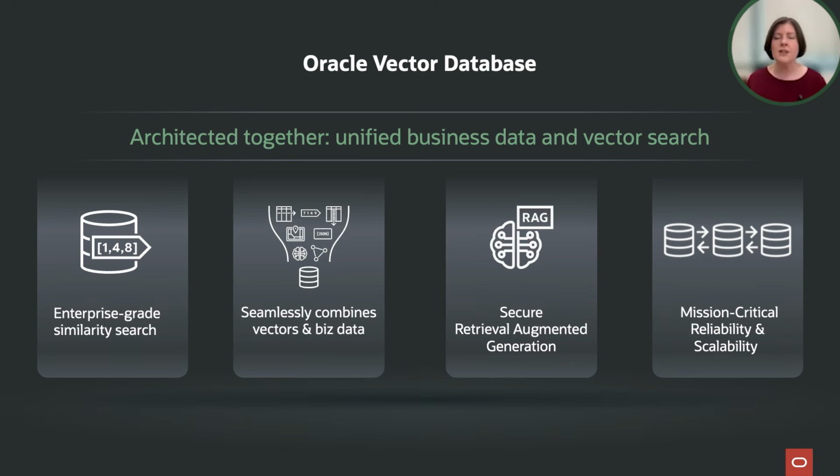We also want to ensure that any system that you're building with similarity search or as the backend engine for an agent or a RAG scenario has all the full mission critical capabilities, reliability, and more importantly, scalability that you know and love from the Oracle database today.